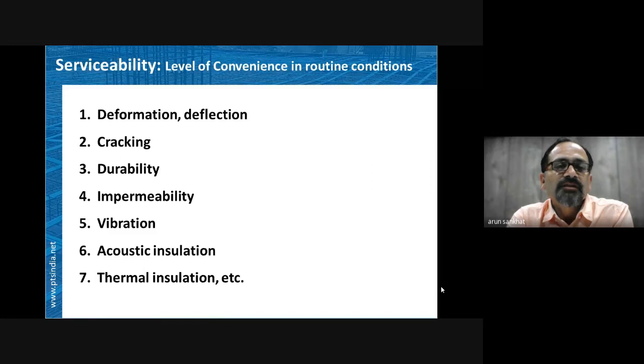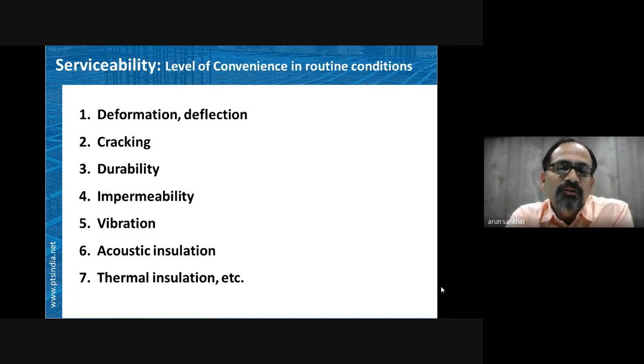One of them is the deformation, or to be precise, in our case, deflection, because we are working with horizontal members, and mostly these horizontal members are prone to deflection. Second is cracking.